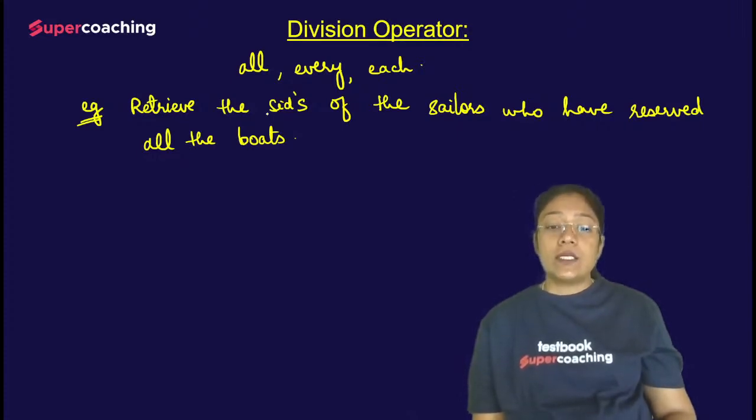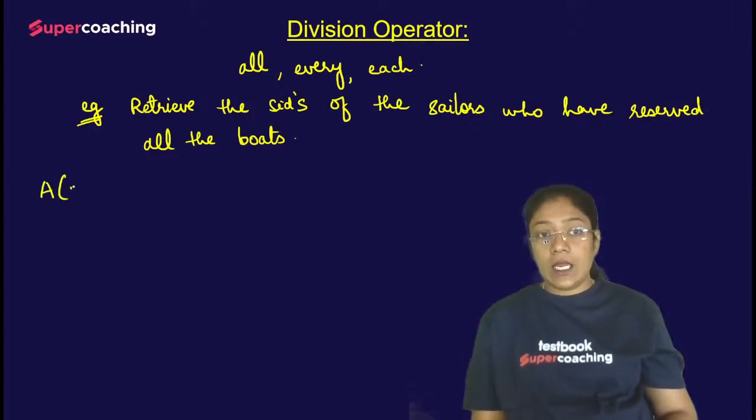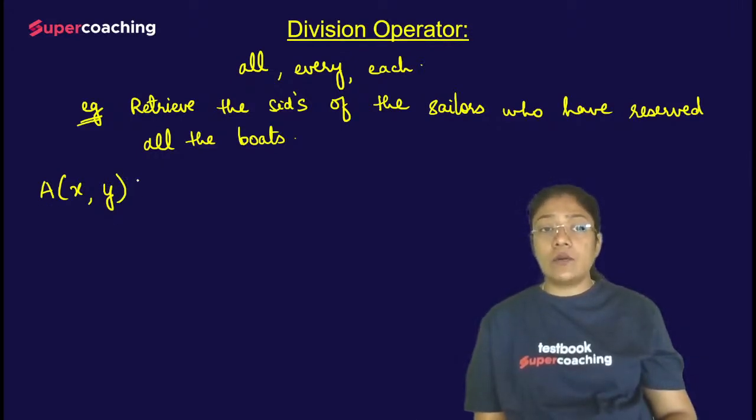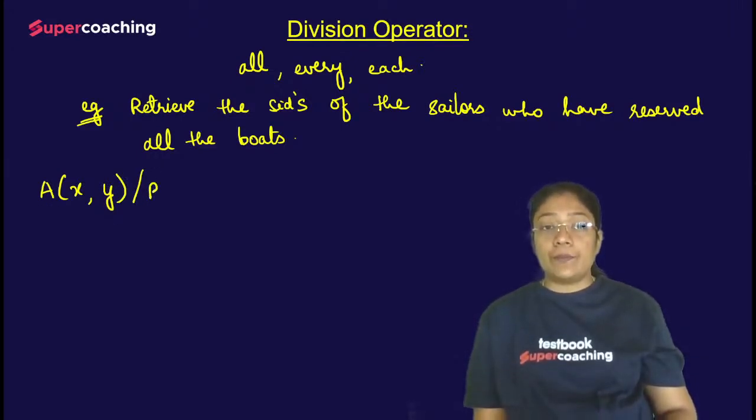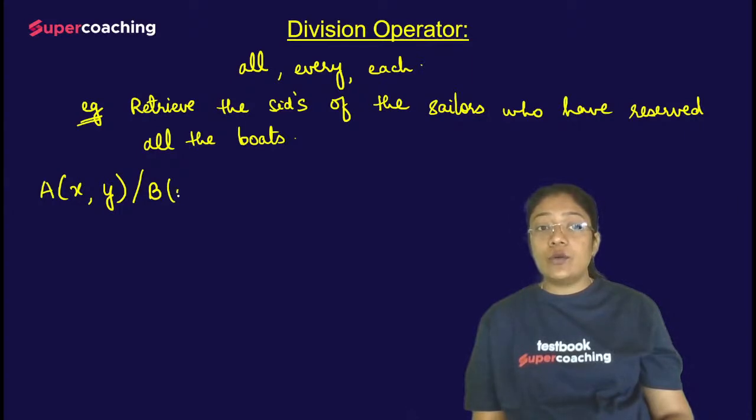Basically, in the numerator we will have two attributes, X and Y. There is a relation A and another relation B. We want to retrieve the values of X from the relation A which satisfy all the values of the relational instance B, this is Y. So how to execute this?